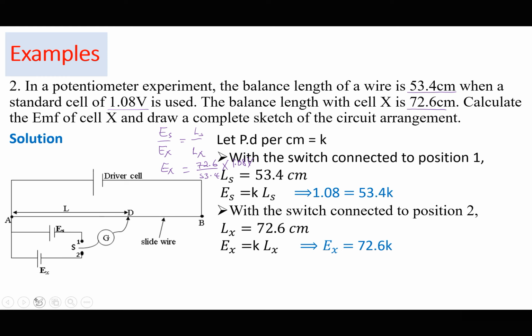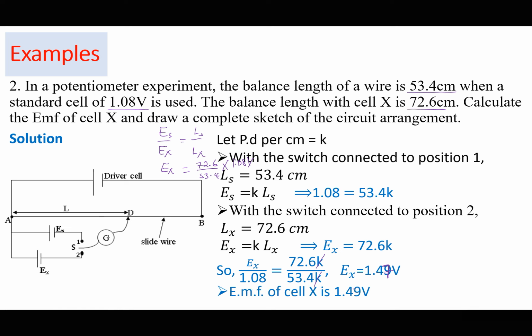So we just divide the two equations. We have that EX over 1.08 is equal to 72.6 over 53.4 times K. The K cancels out. So this gives us 1.47 volts. So the EMF of the cell is going to be 1.47 volts.